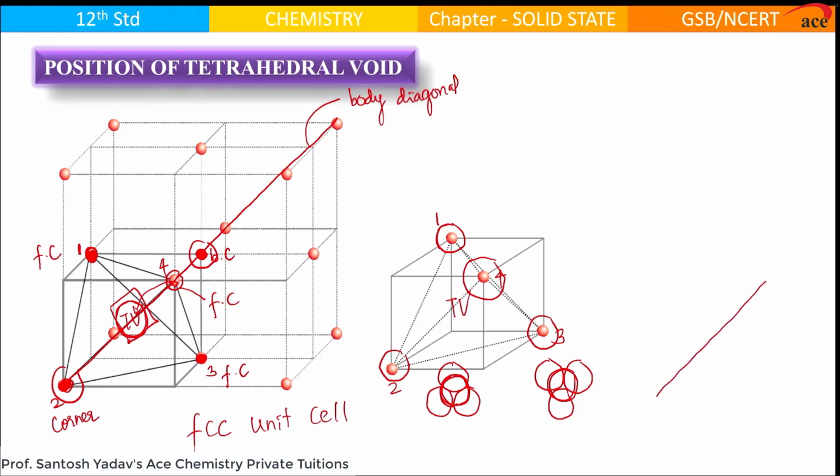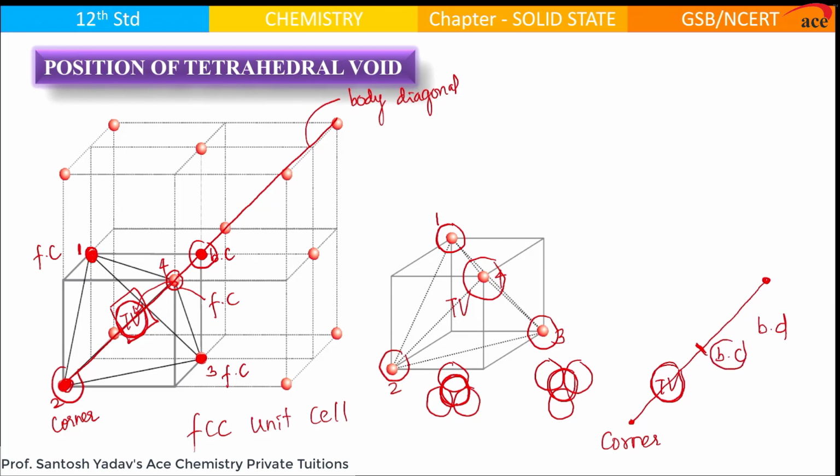If this is a body diagonal, this is the body center, and this is one of the corners, then here is a tetrahedral void. So a tetrahedral void is between the body center and the corner. Similarly, on this side there is a corner here also.